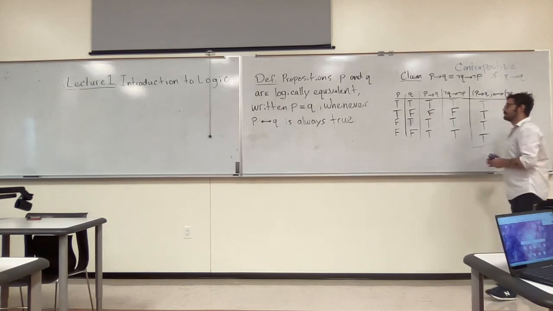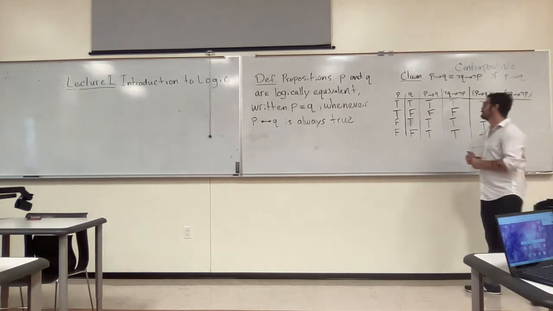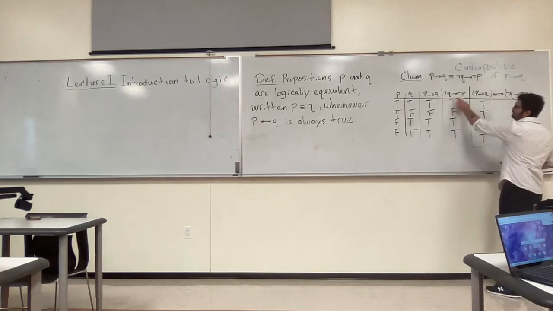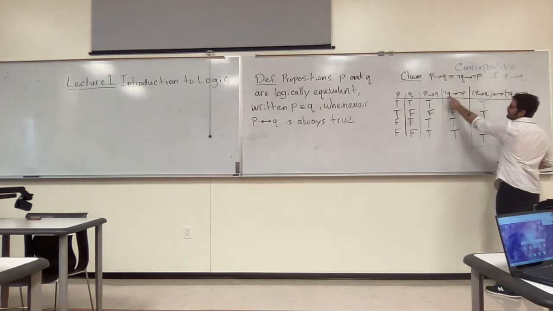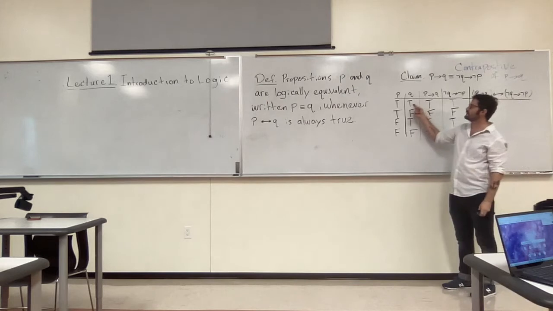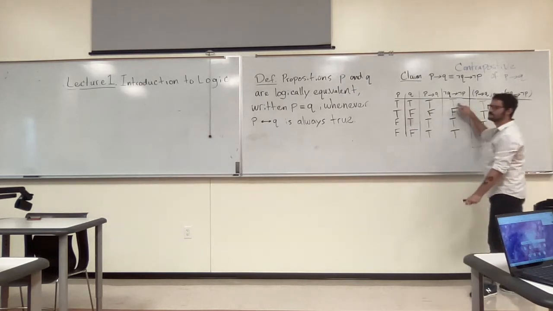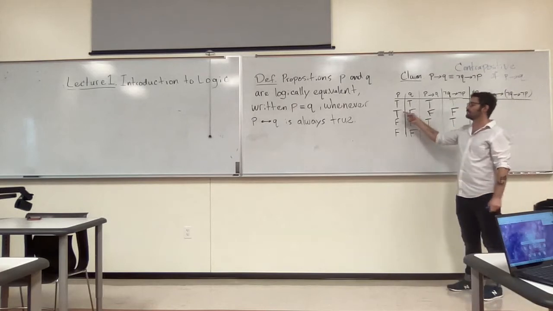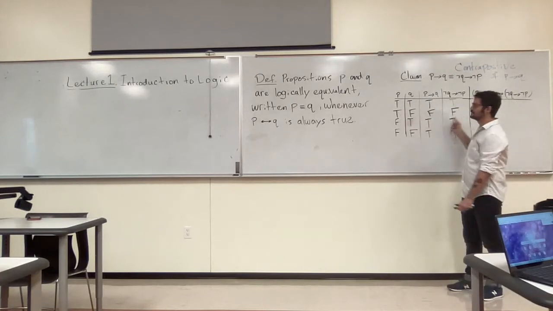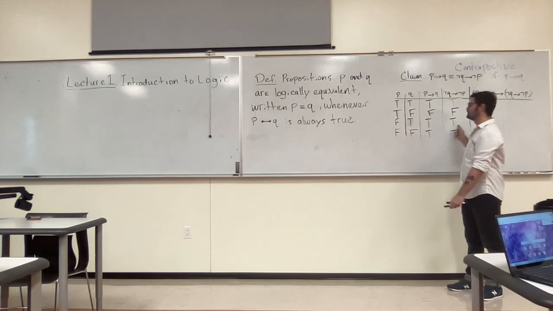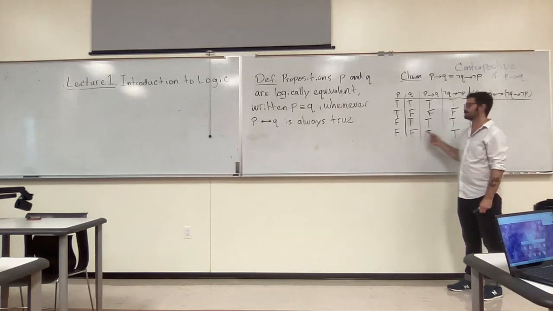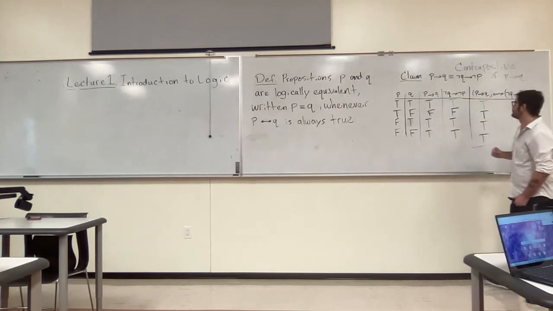So let's look at it one at a time. Not Q implies not P. So not this implies not that. So false implies false, true. True implies false, false. False implies true, true. True implies true, true.